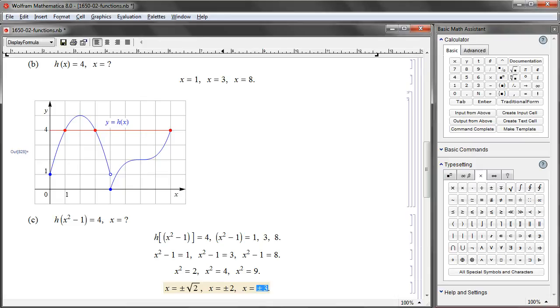If I give you something else here, again, the idea is the same. Set that expression equal to 1, 3, or 8, and then go from there.